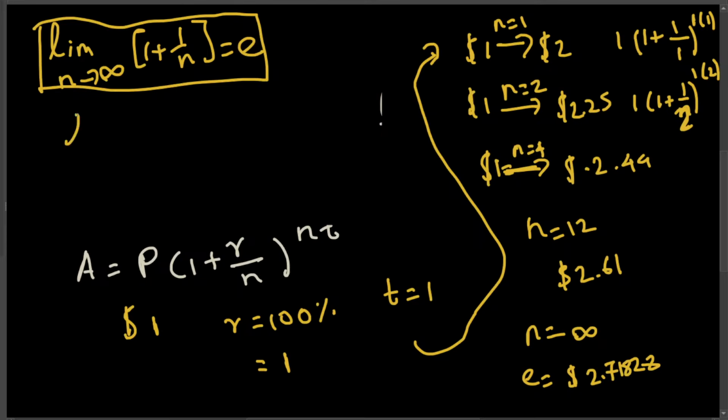There's an equation to find e: the limit as n approaches 0 of 1 plus n, to the power 1 over n, that also gives e.